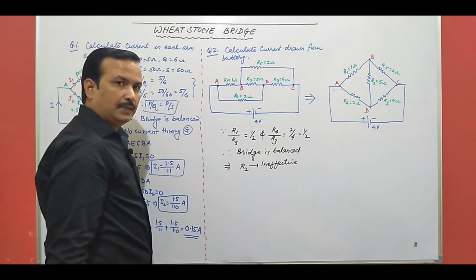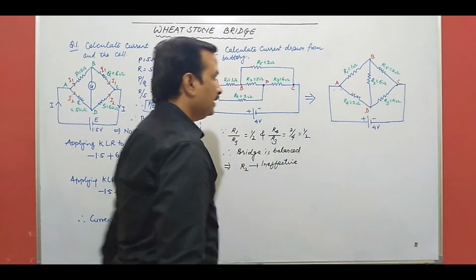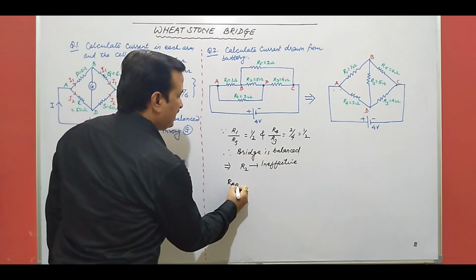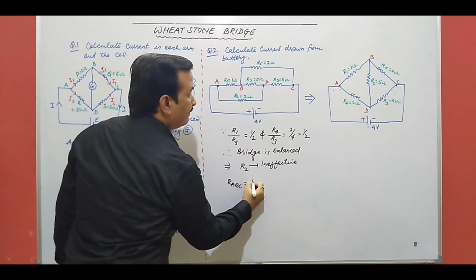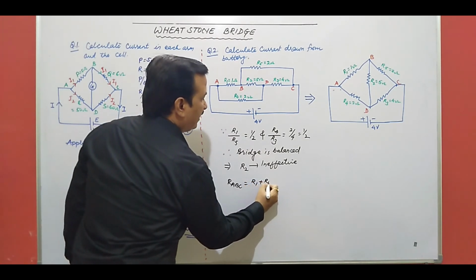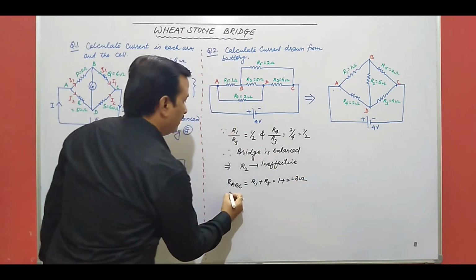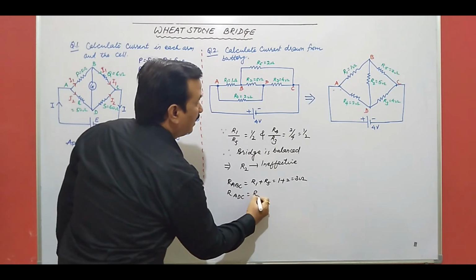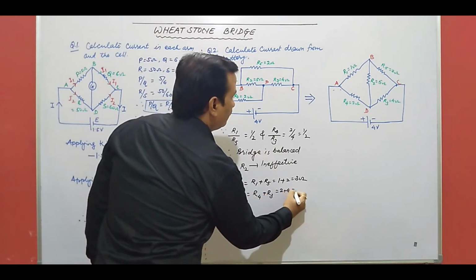हमको करंट निकालना है, तो पहले हम रेजिस्टेंस निकाल दें, टोटल रेजिस्टेंस. सो R ABC कितना आएगा? A B C तक R कितना है? सीरीज में है. R1 प्लस R5 will give you 1 plus 2, 3 ohm. R ADC equal to R4 plus R3 equal to 2 plus 4, 6 ohm.